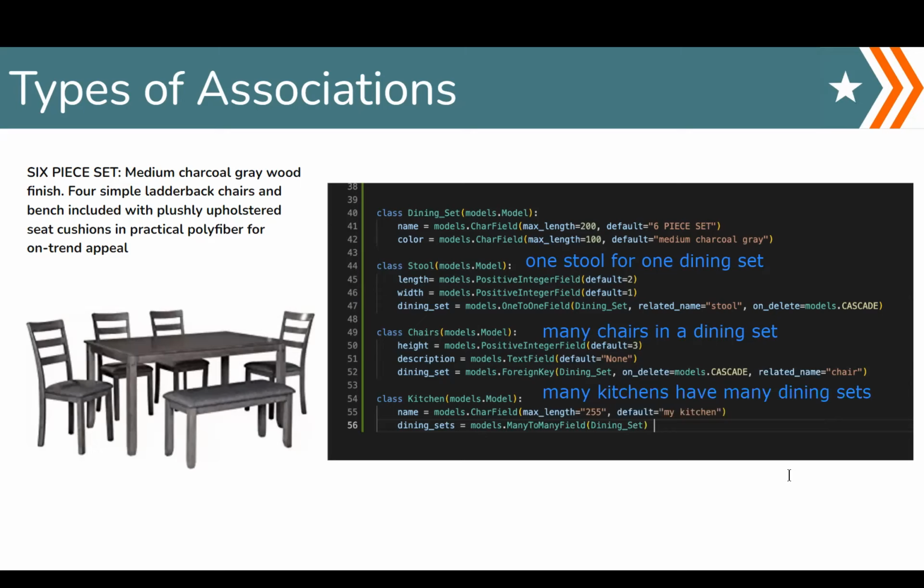Why don't we have a many to many field in our dining set if kitchen and dining set are both many to many? Well, it's the same reason why we don't have a 1 to 1 field in dining set if stool and dining set are 1 to 1.